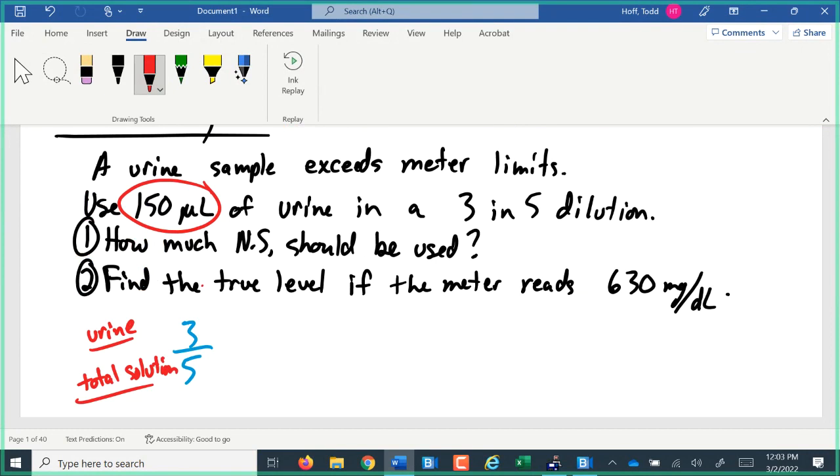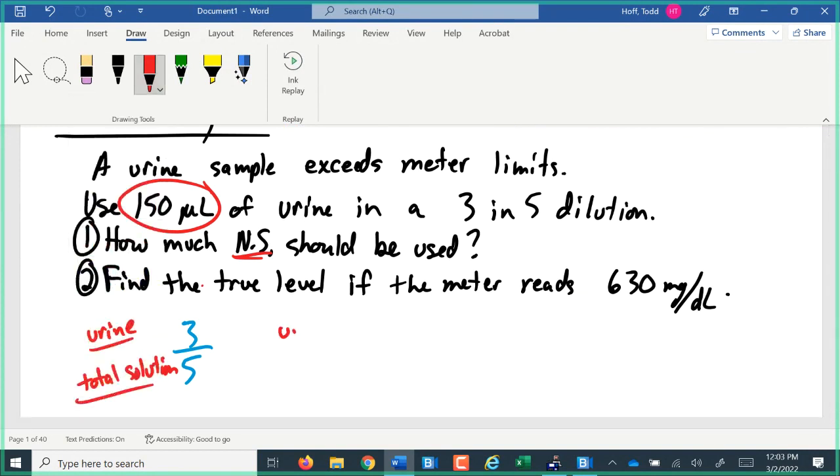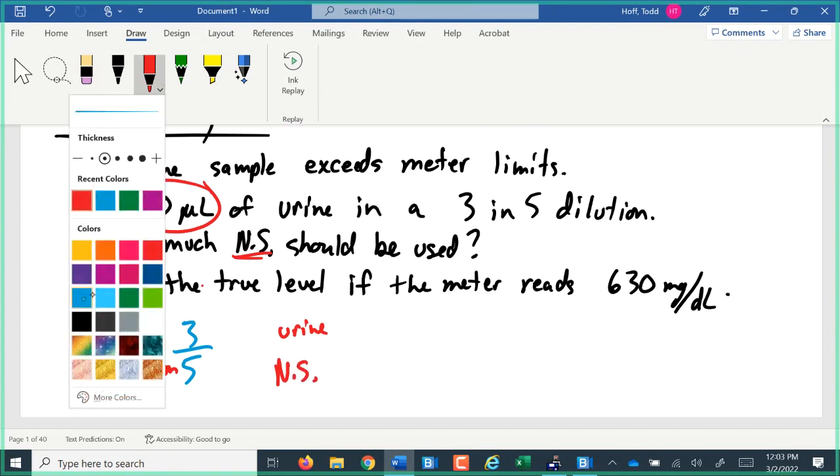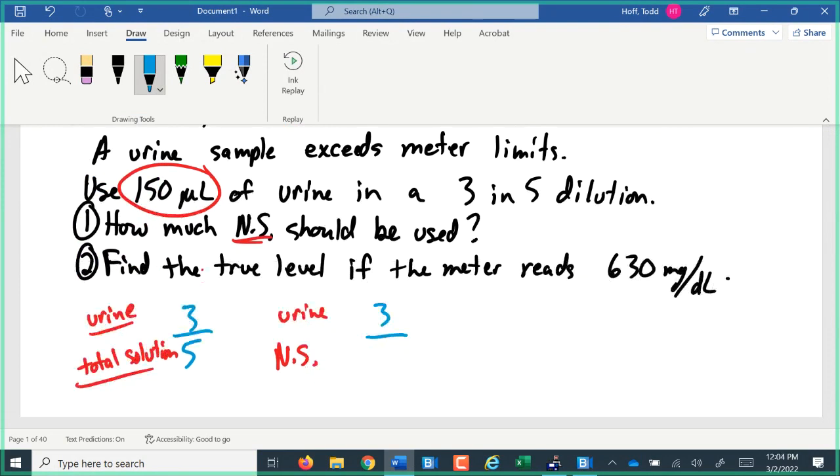We want to know how much saline to add to that. So this is not the ratio we want. We want the ratio of urine to sterile water, or normal saline. So it's still 3 parts of urine. For the amount of saline or water, we have 5 total parts minus the 3 parts urine. There are 2 parts of saline or sterile water.